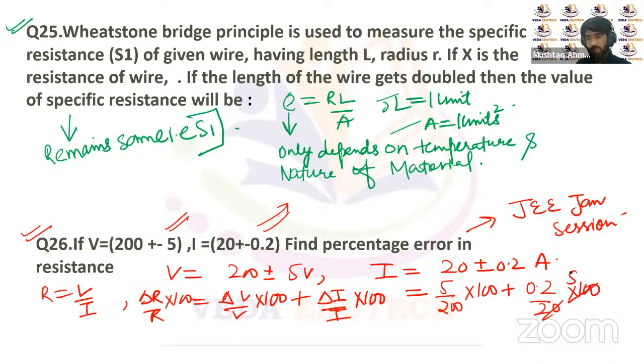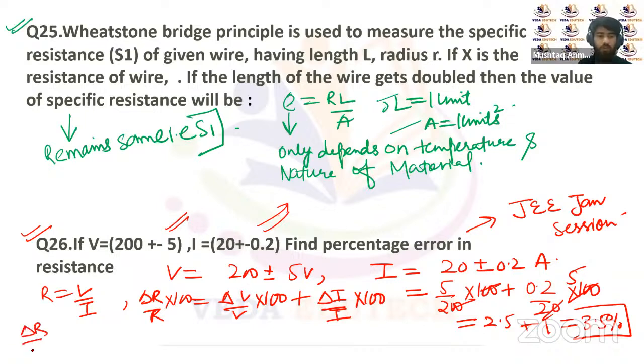So it will be 2.5 plus 1, that will be equal to 3.5%. So 3.5% will be the percentage error in resistance.